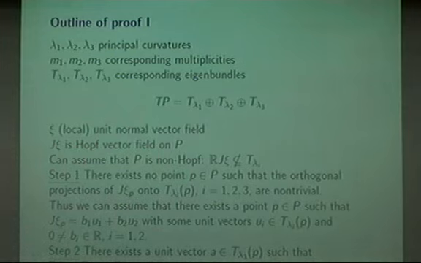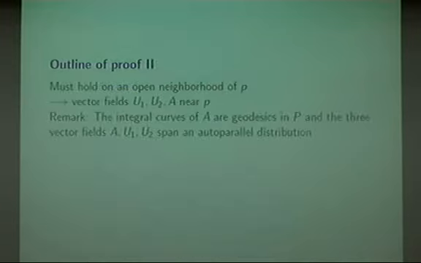So this tells us something about how these vectors are related with each other. They can't be arbitrary. They must span a complex subspace. So this must hold on an open neighborhood of P.